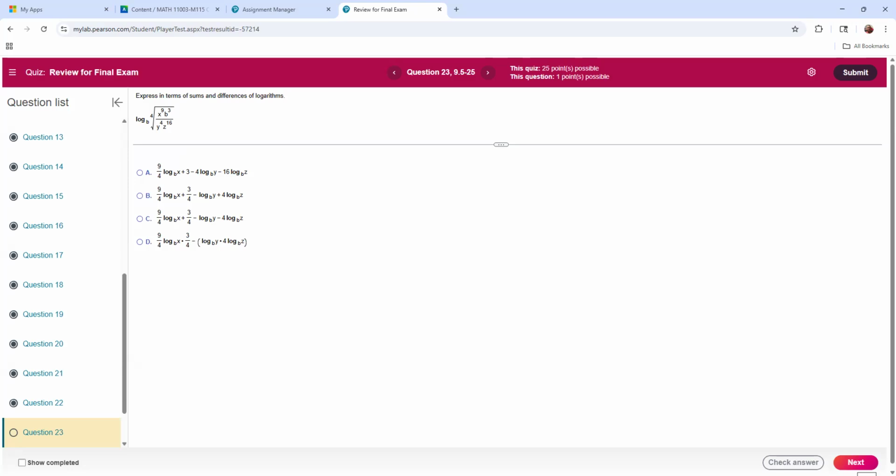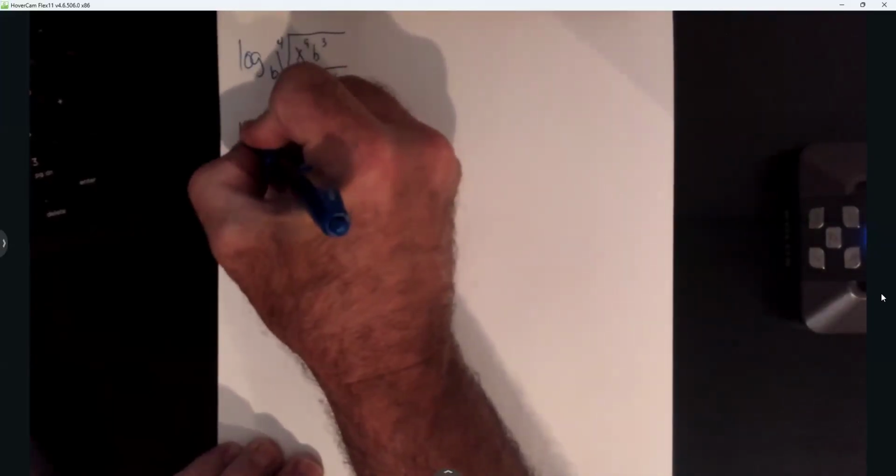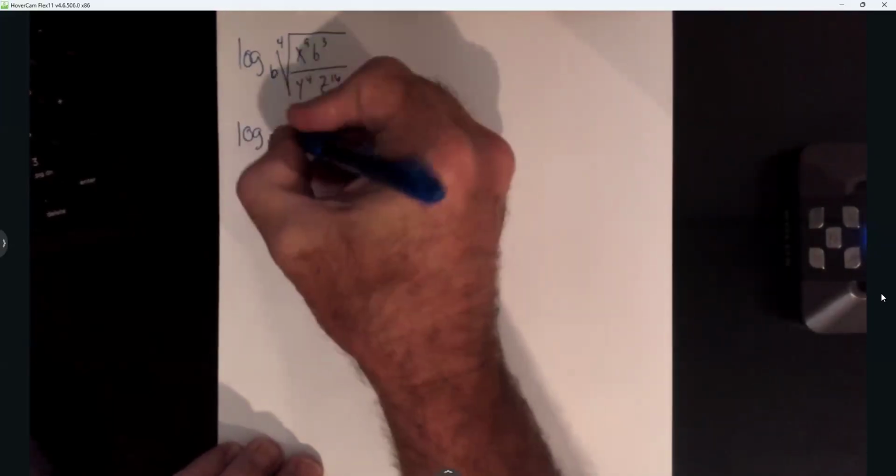All right, y'all, let me see what I got. A log base B of the fourth root of x9 B3 over Y4 Z16. All right, so they're giving me the four answers at least. So really the trick on this one is to write this without the radical.